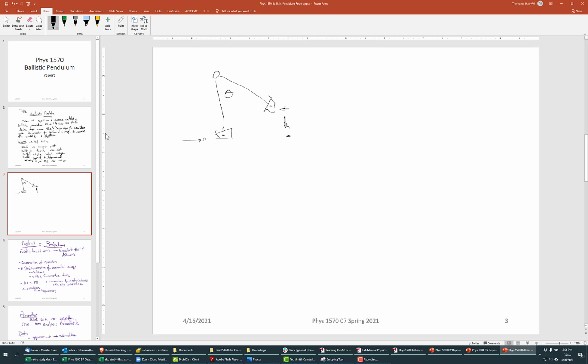Right, so you might start by saying conservation of mechanical energy of a pendulum.